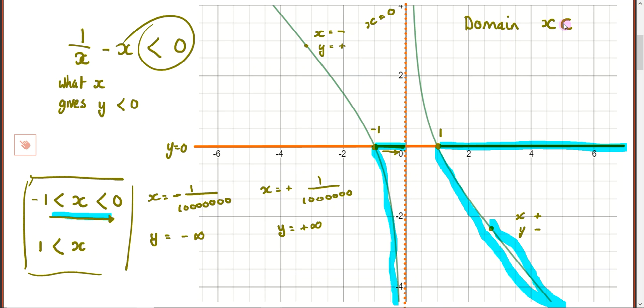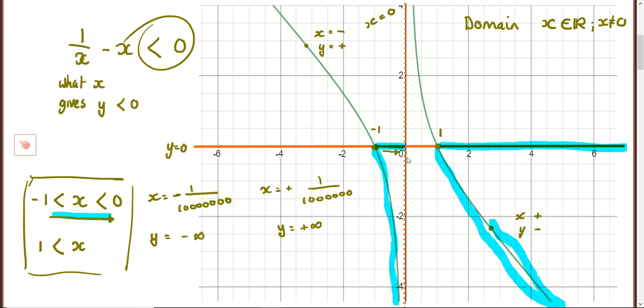So x belongs to the set of real numbers, but x cannot equal 0. So before we introduce our inequality, any x value can go in, apart from 0.